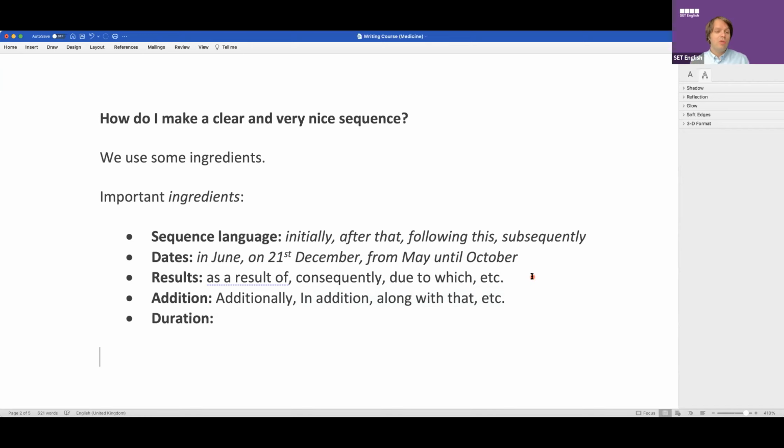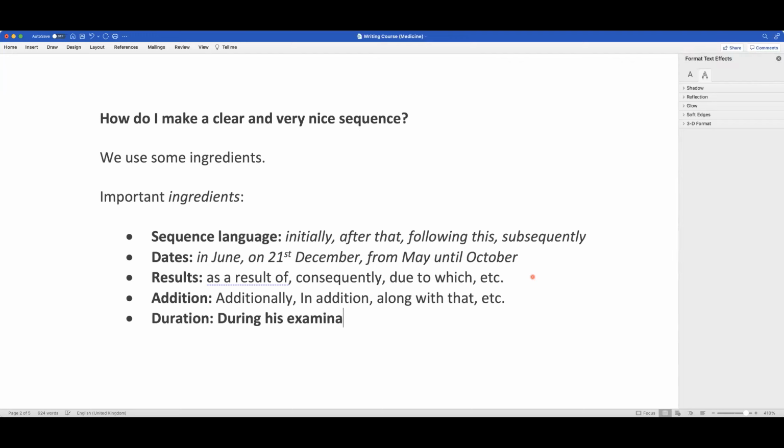Okay. Duration. What do we mean by duration? During his hospitalization. What about during his examination? What is duration language? What does it mean during?